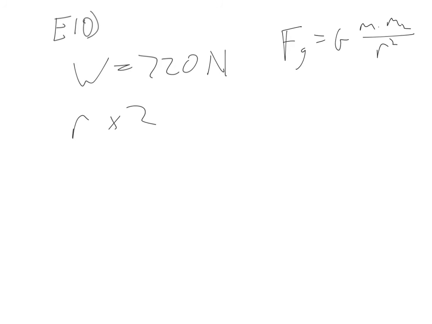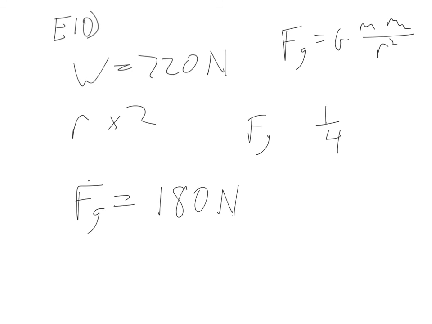So since we're doubling the radius, the force of gravity is going to be reduced by a factor of 1/4. So we take 720 and divide it by 4, and we get a new force of gravity equal to 180 newtons.